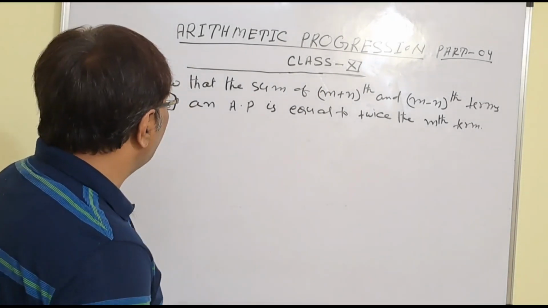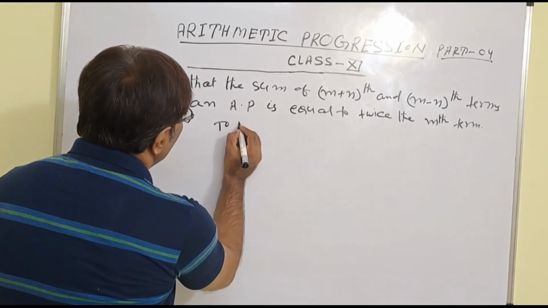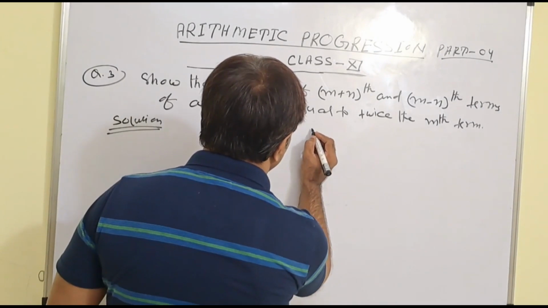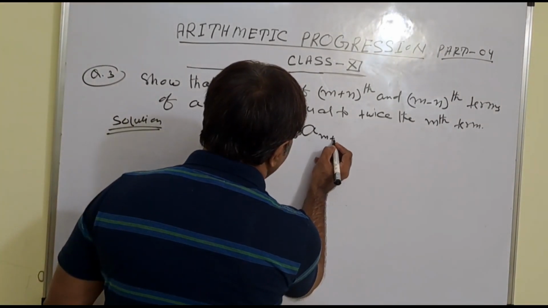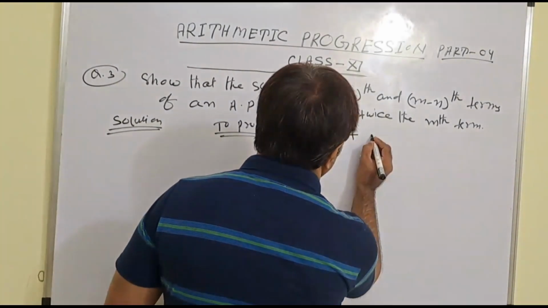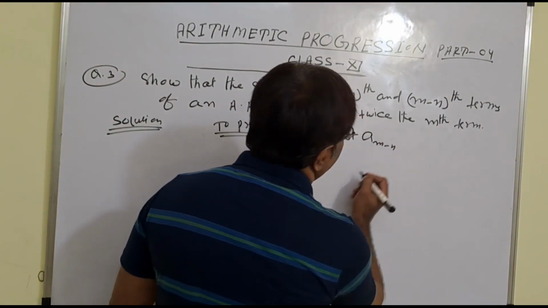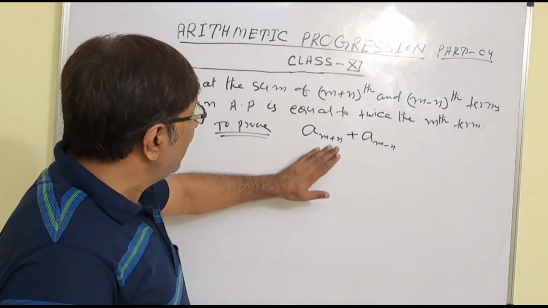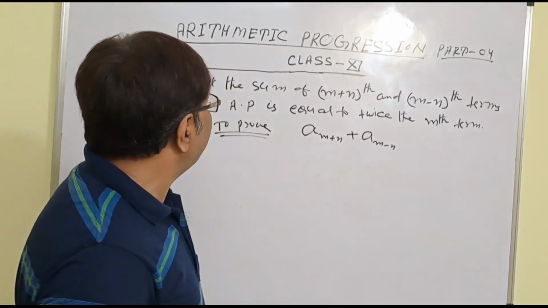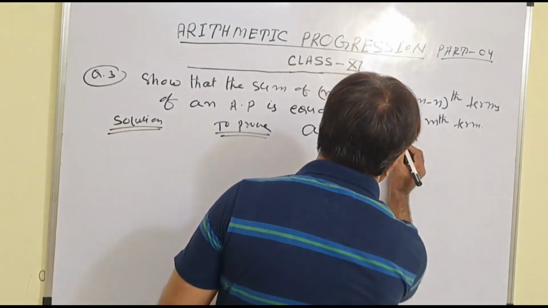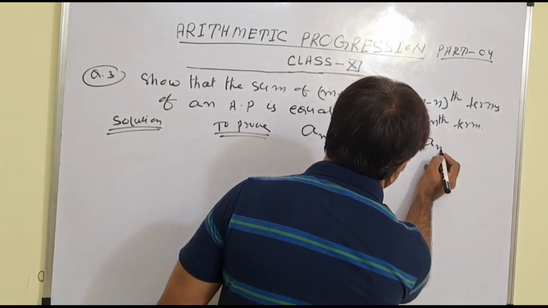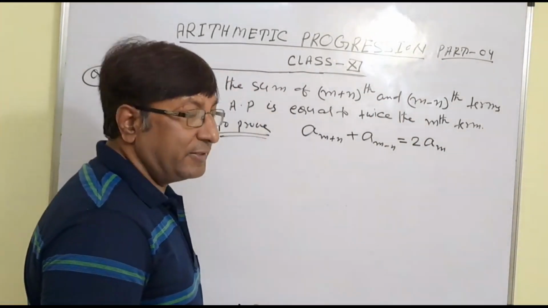That means we have to prove that the sum of a of m plus n, the m plus nth term, and a of m minus n, the m minus nth term, of an AP is equal to twice the mth term, that is 2 of a m. We have to prove this, right?